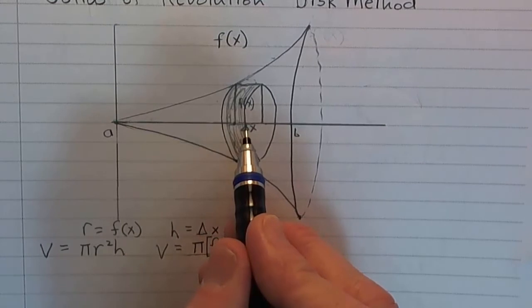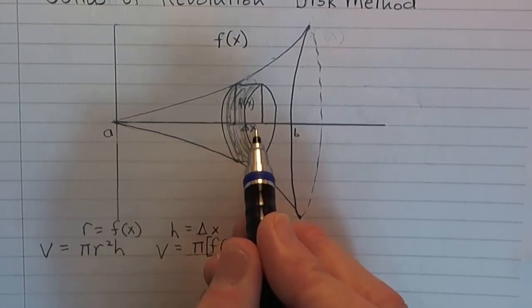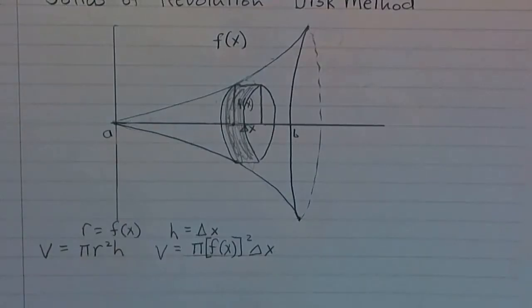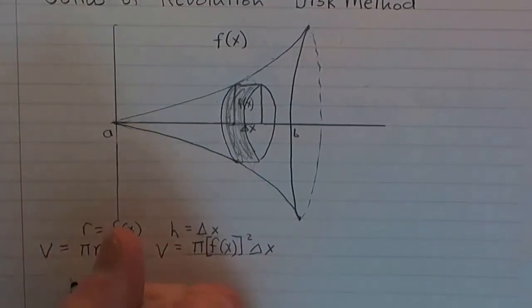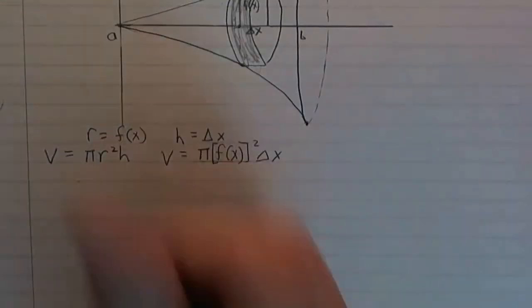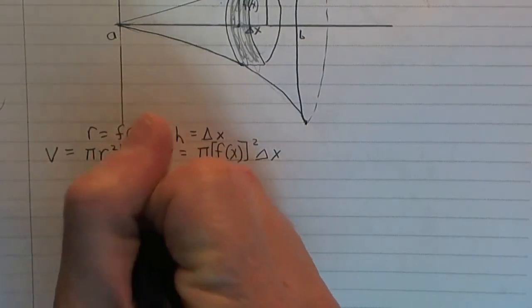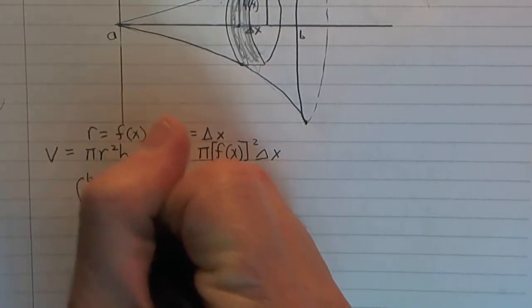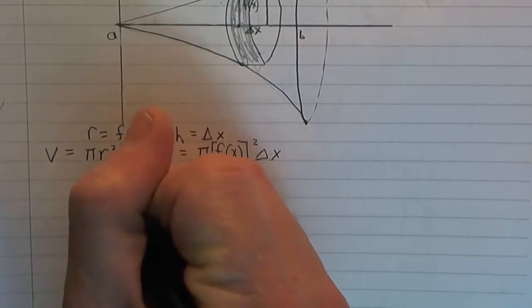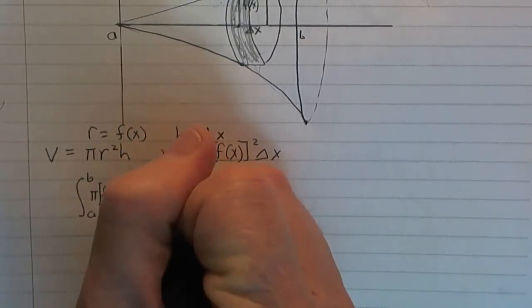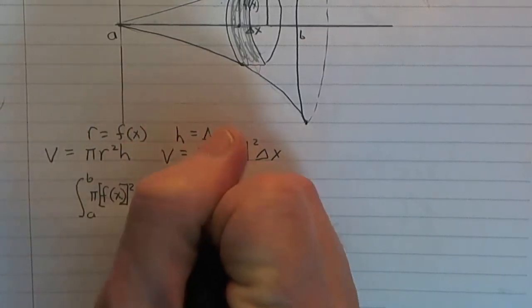In other words, if we let delta x be infinitesimally small, let that go to 0, what we have is an integral. So we're going to integrate from a to b pi r squared times the height, right?